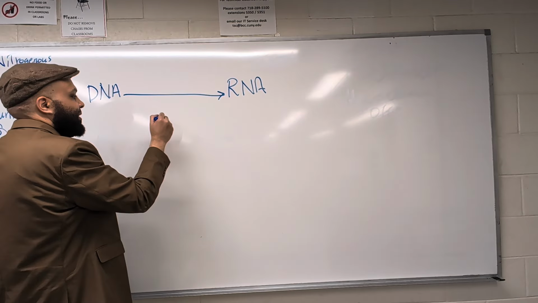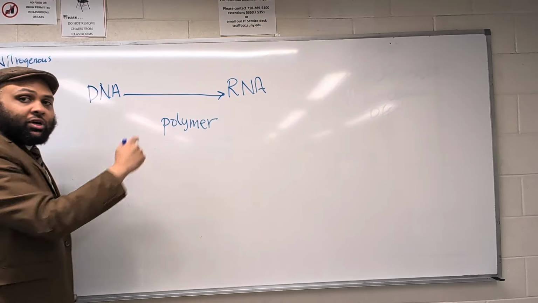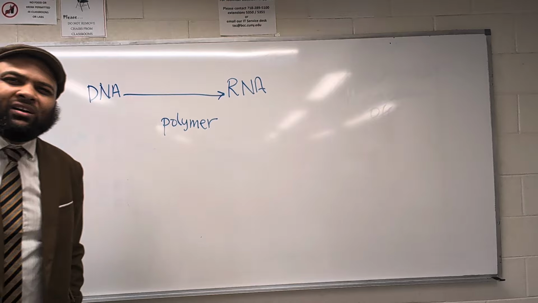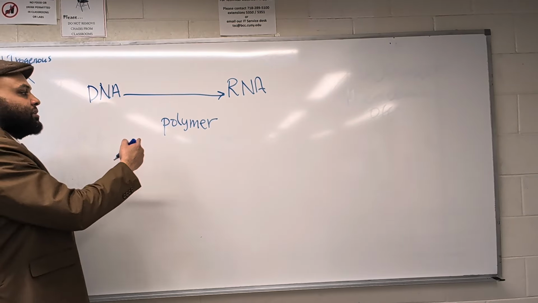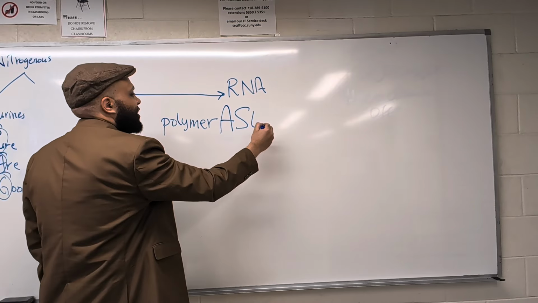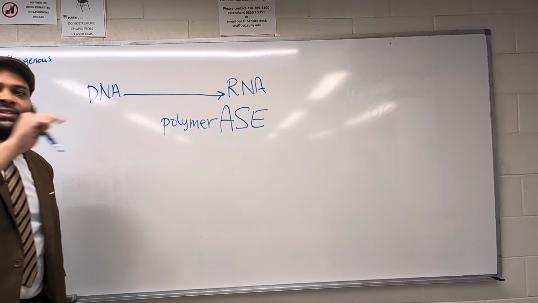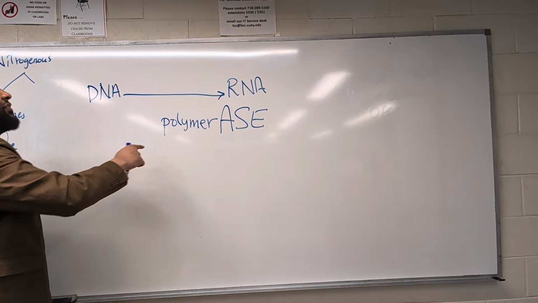The enzyme is going to give me a polymer, because RNA is a polymer, isn't it? And the enzyme ends in -ase, so it will always be called polymerase. The enzyme that does the transcription of RNA from DNA is called a polymerase. The polymerase is going to give me what?